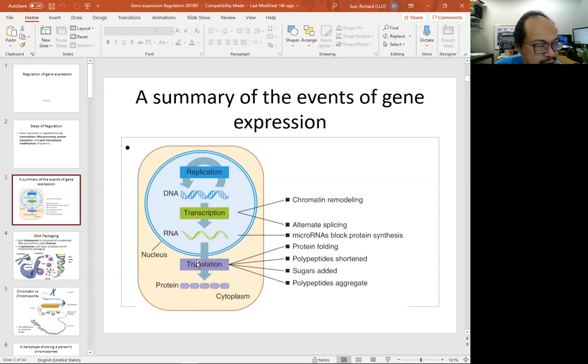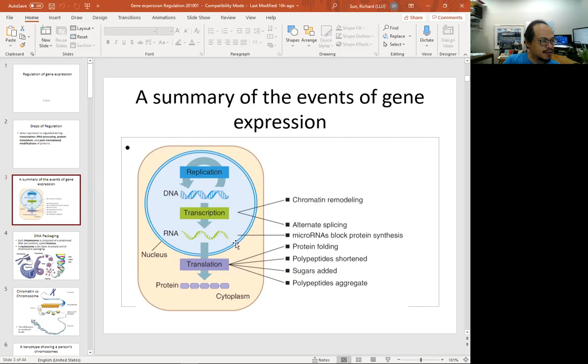This one is about how we regulate. Here you can see that several things can be done. We can do chromatin remodeling, which can affect the transcription to make it transcribable or not. We can have alternative splicing that is working on the RNA process.